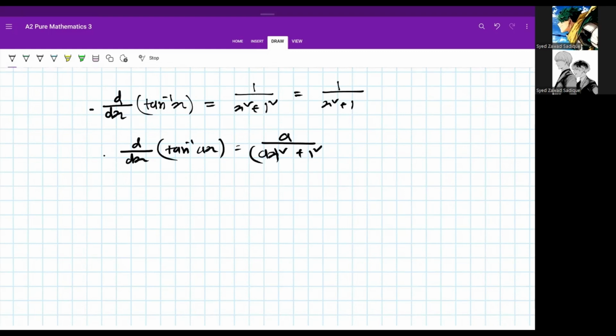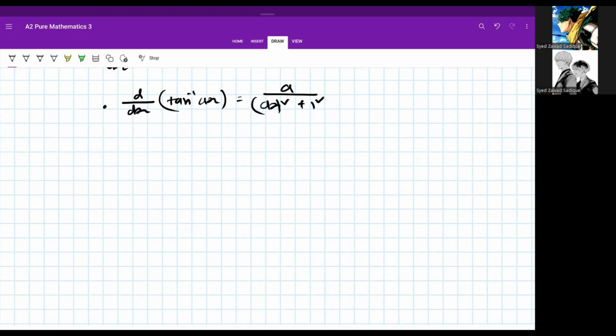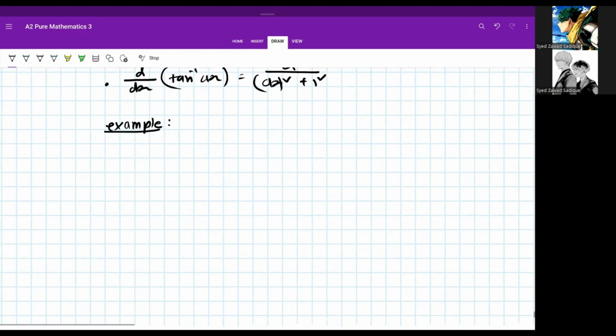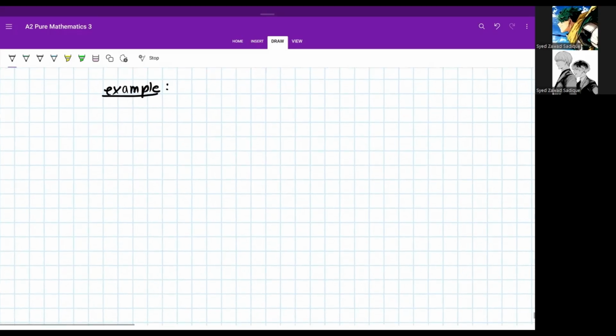Now some worked example. Feel like I should give an example for this. Example for, say, d by dx of tan inverse of x minus 2.